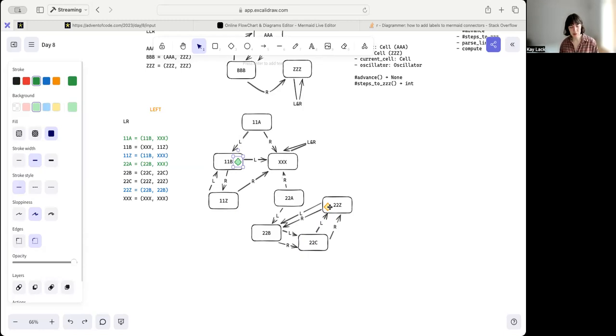So we want to know the nearest path to every Z and how many steps that's going to take to get to the next Z. So that if we then calculate steps from each cell to the next Z, that will help us, assuming that the cycles are actually legitimate and they're always the same.